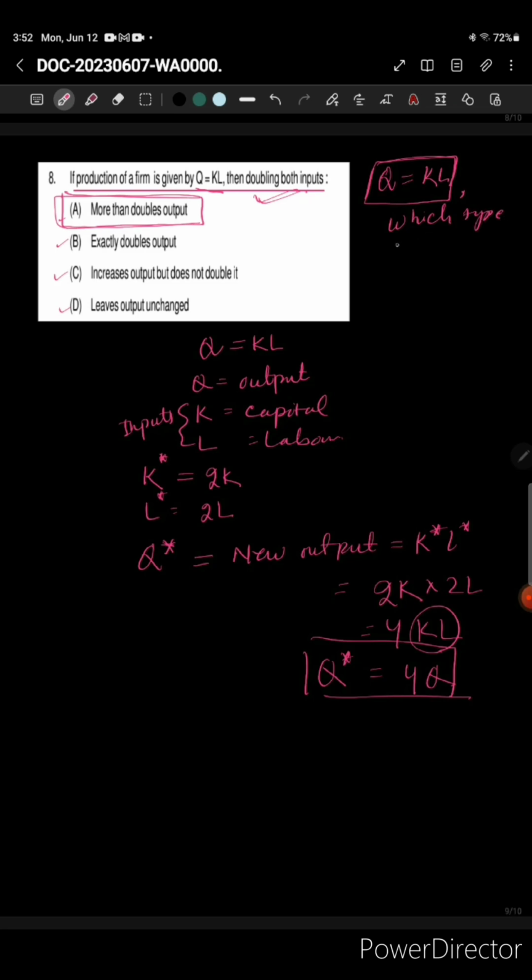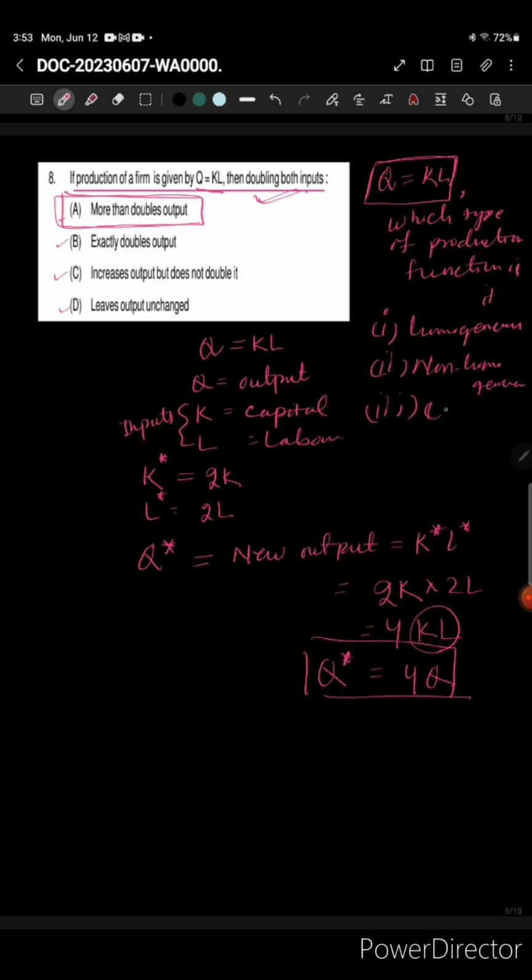So the options may be homogeneous production function, non-homogeneous production function, CD production function, or CES production function. So this type of question may come.